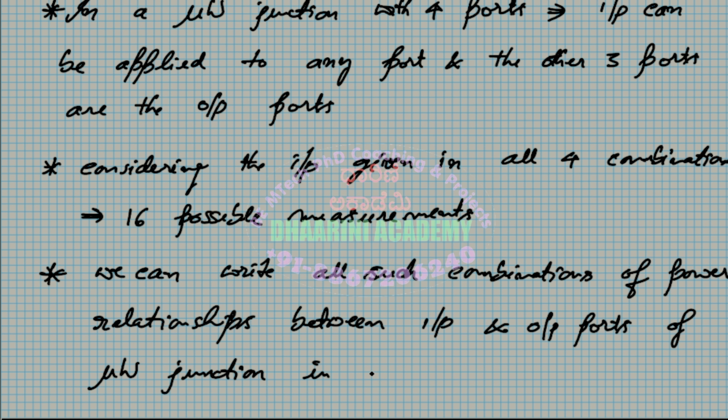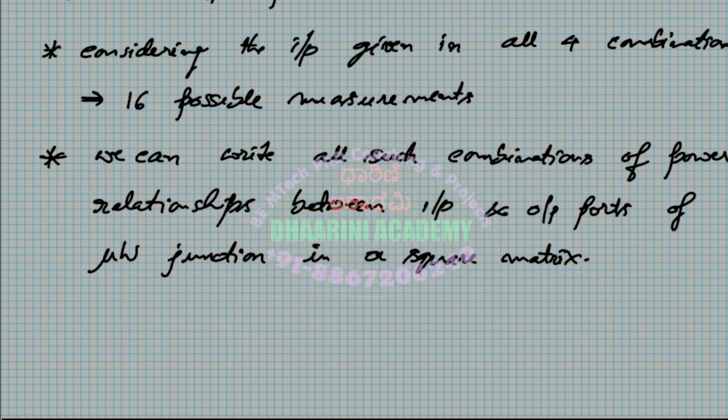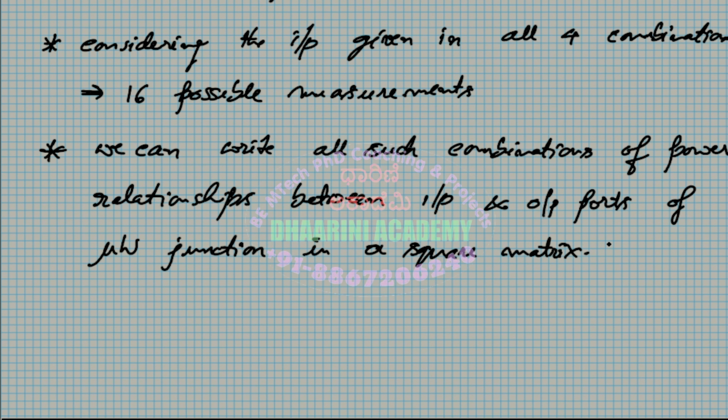So okay, in a square matrix, right? So such a matrix is what is called a scattering matrix, square matrix. So it's called a scattering matrix. All right.